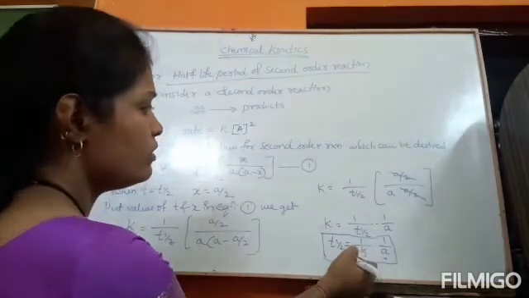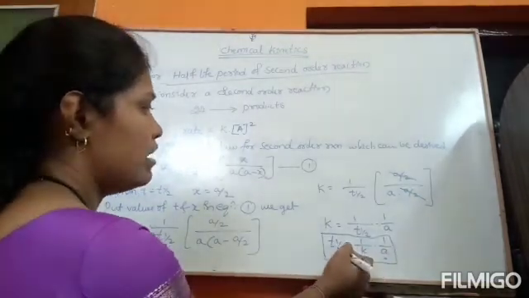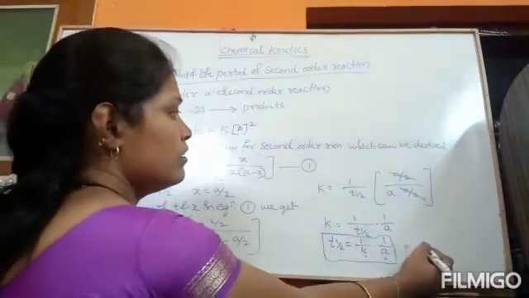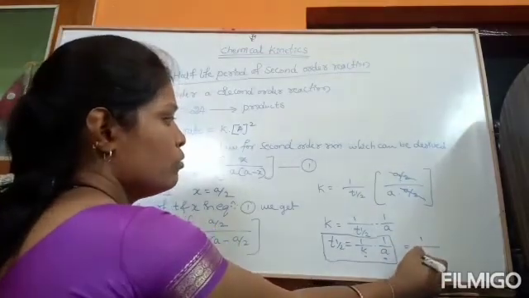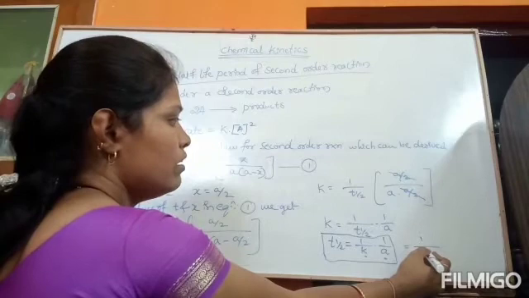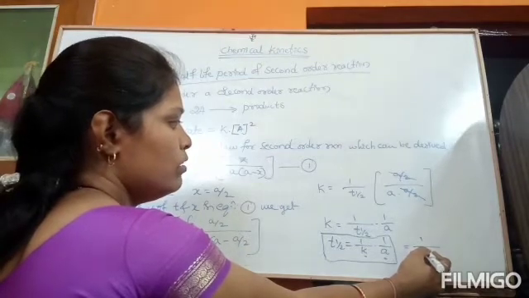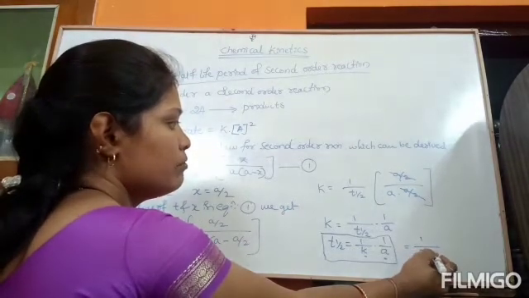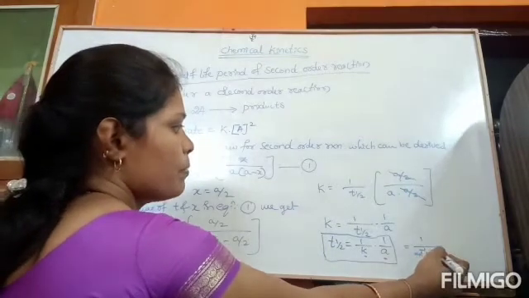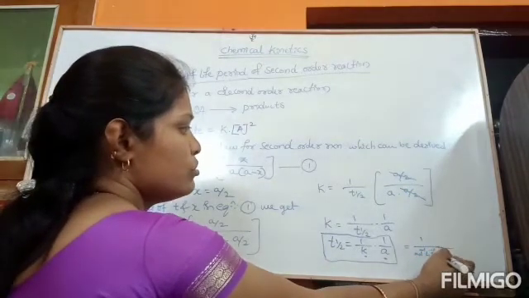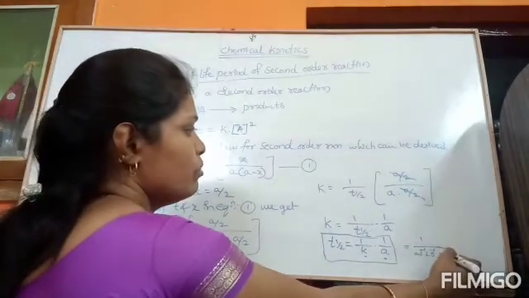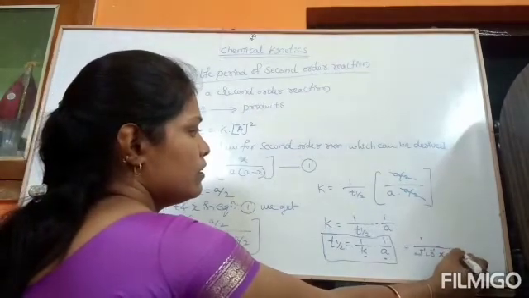Now the unit of this half-life period: 1 divided by the unit of K, which is liter per mole per second, into the concentration of a, whose unit is mole per liter.